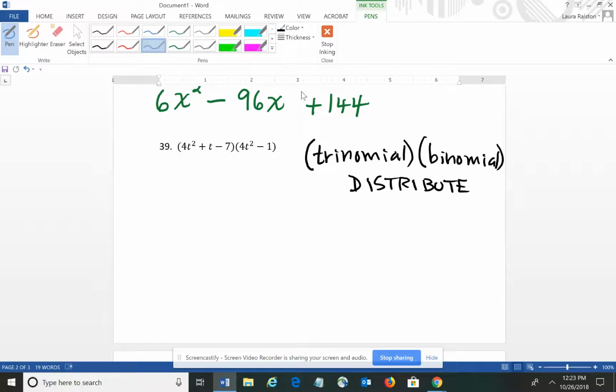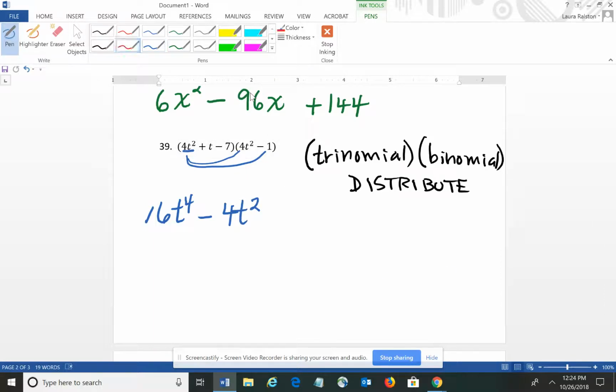And I'm going to try to color code it for you. So first thing I'm going to do is multiply through by 4t squared. So 4t squared times 4t squared would be 16t to the fourth. 4t squared times minus 1 would be minus 4t squared.